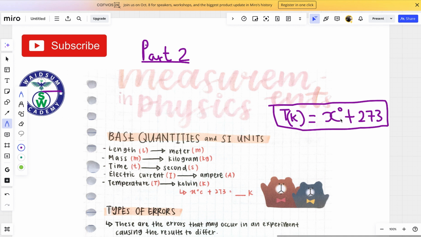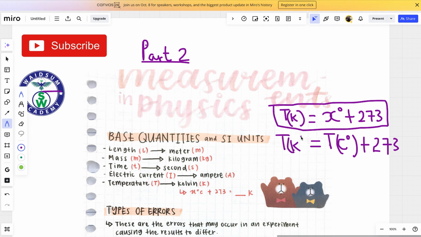Someone else might write, instead of X, temperature in Celsius, T in degrees Celsius. So temperature in Celsius plus 273 equals temperature in Kelvin. Some textbooks may use X, some may put T in degrees Celsius to tell you it's temperature in degrees Celsius.